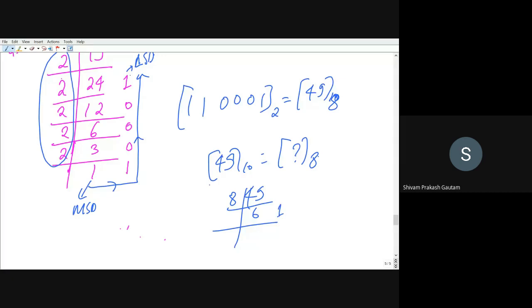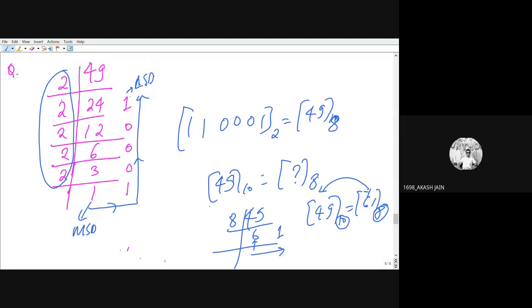You can see this is our remainder, and it is not further divisible by 8. So this will be the flow. So 49 in decimal will be equal to 61 in octal. So these both numbers are equal, and you can see the base.